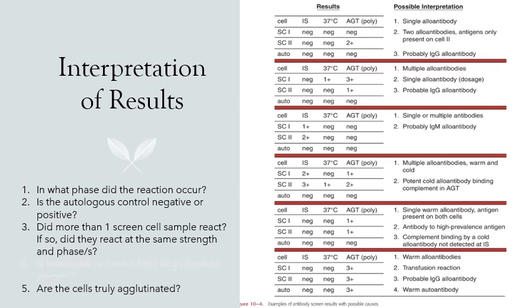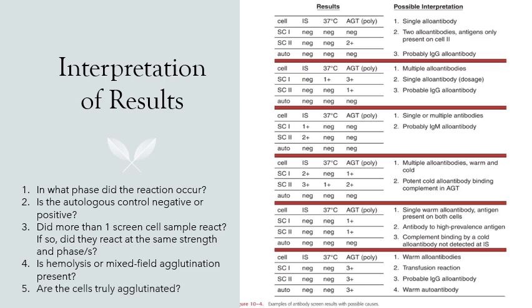Fourth question is, is hemolysis or mixed field agglutination present? There are antibodies that cause hemolysis like anti-Lea, anti-Leb, anti-P, P1Pk, and anti-Bel. Lutheran antibodies and anti-Sda cause mixed field agglutination.